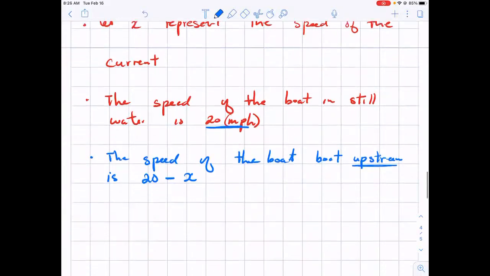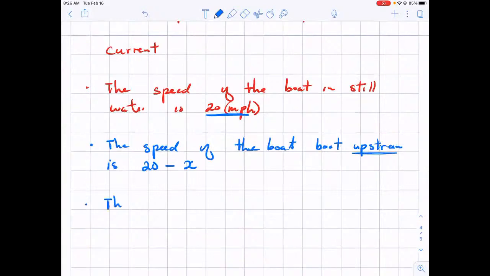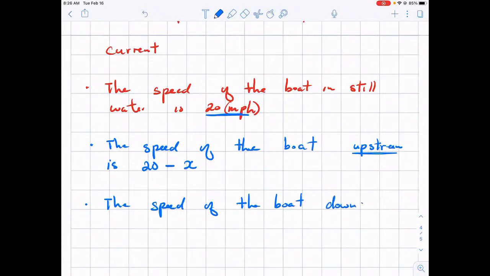And if we're traveling with the current, the speed of the boat downstream is 20 plus x, because now you're getting some help from the water. The water is pushing you.